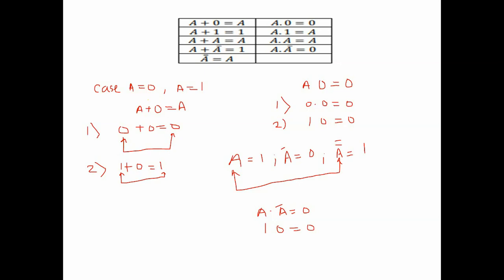Now the first ORing law is A plus 0 is equal to A. This one is the LHS side, left hand side, and this one is the RHS side, right hand side. The LHS and RHS are both the same. We will see these two cases.